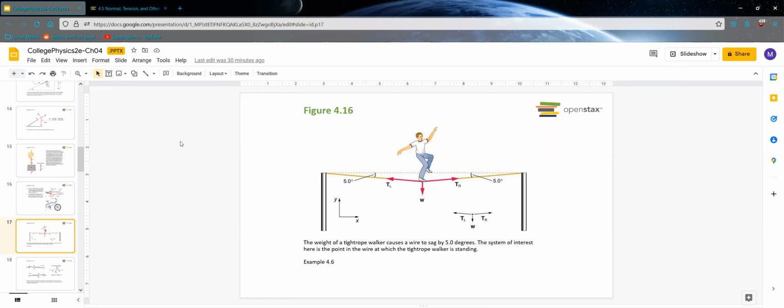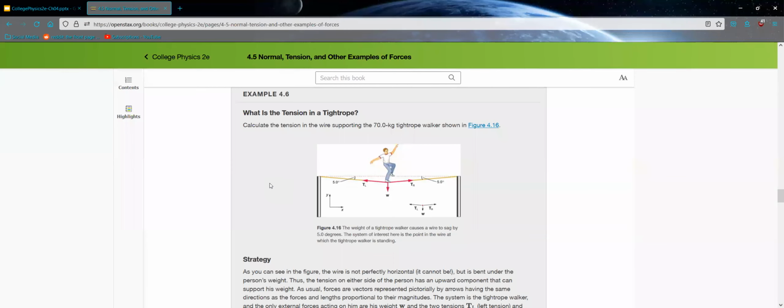Since the system of interest here is the point where the wire and the tightrope walker are centered, we can draw a free body diagram for that exact little point and figure out the question at hand, namely the tension.